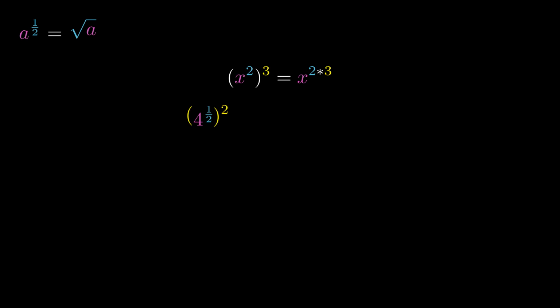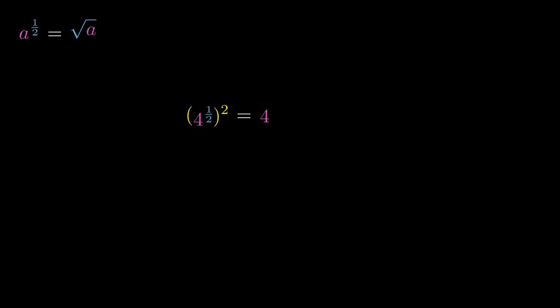Okay, so we know we have this rule. So what happens if we raise 4 to the 1/2 to the second power? Using this rule, we know that we should have 4 raised to the 1/2 times 2. Well, we know that 1/2 times 2 is just 1, right? So this is going to be equal to 4 raised to the 1 power, which is just 4.